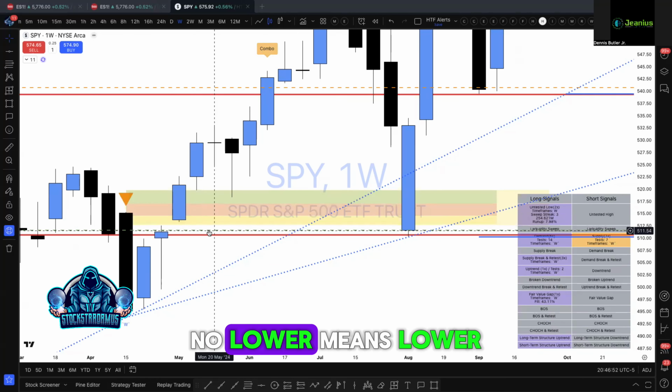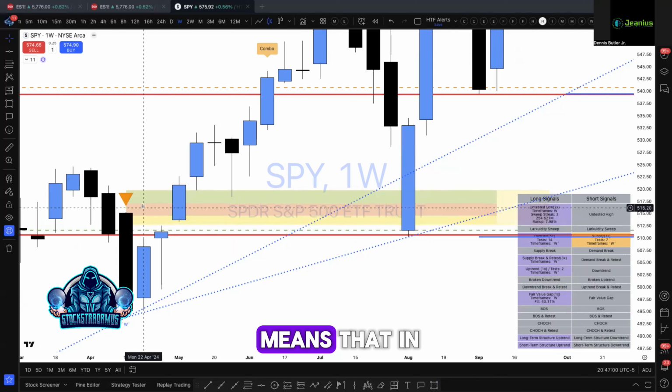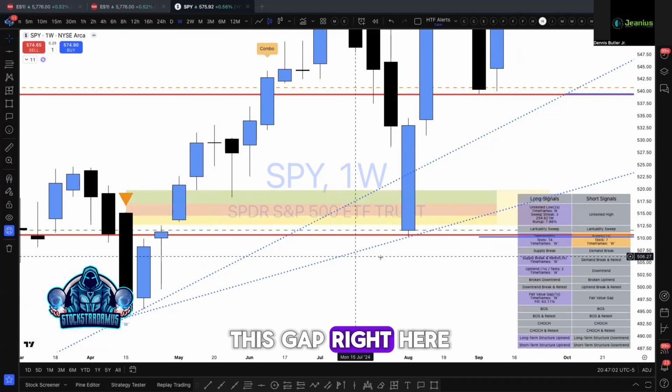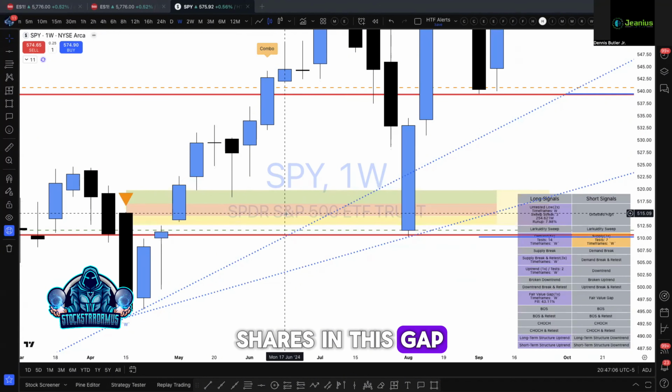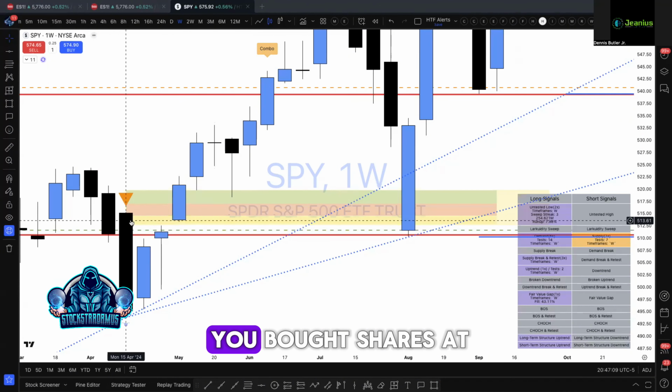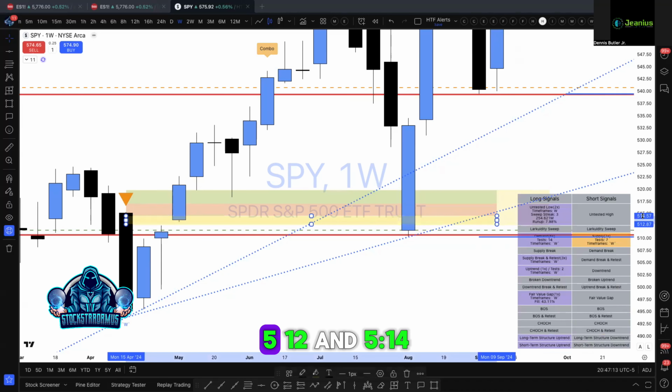Lower means lower price, right? The lower we are, the lower the price. So if the shares are cheaper here, that means in this gap, the three of us are buying shares. Within this gap, you bought shares at the lowest price, between these two points, 512 and 514.